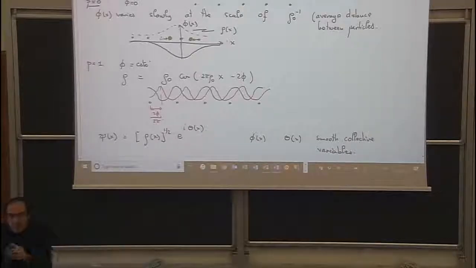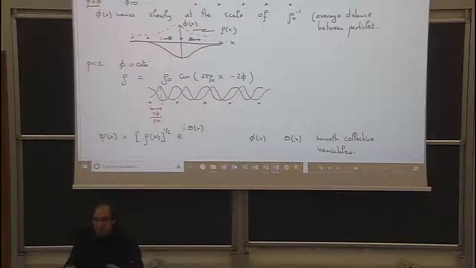My bosons are not superfluid. They just crystallize. One is here, one is here, one is here, and they form a perfectly periodic array of particles. Here there is no time or whatever. I can position this crystal where I want by choosing phi. So phi is just the position of one particle in the crystal if phi is strictly constant.